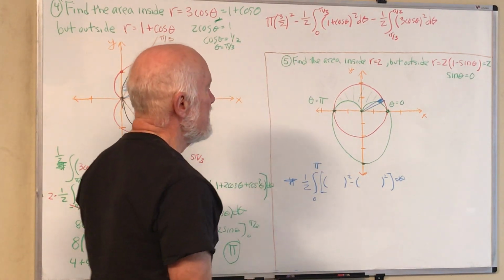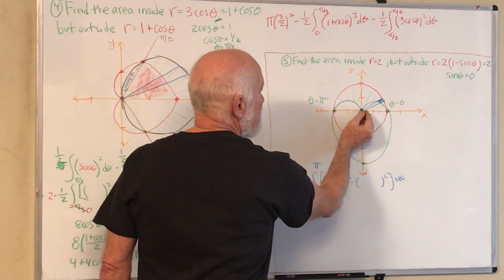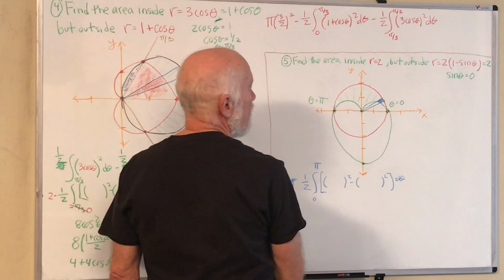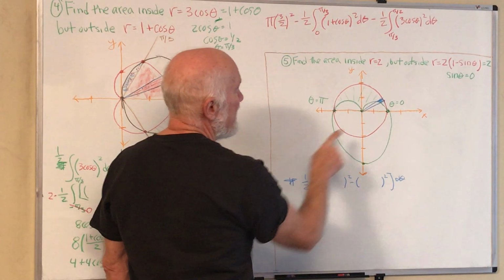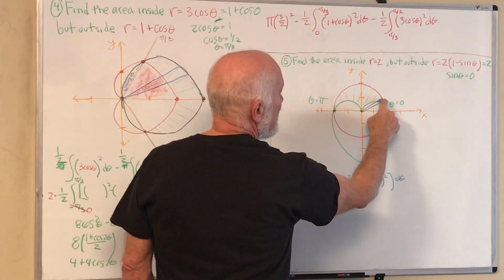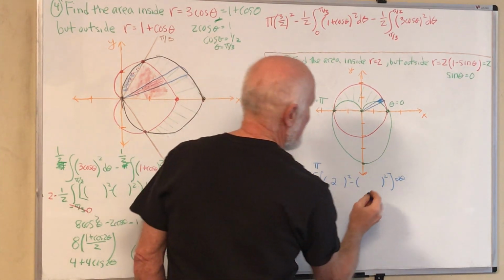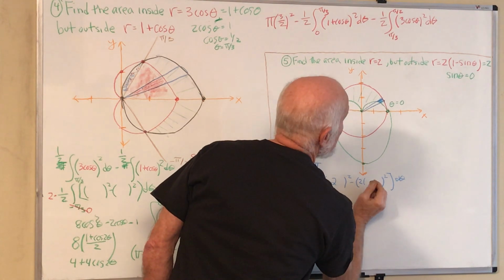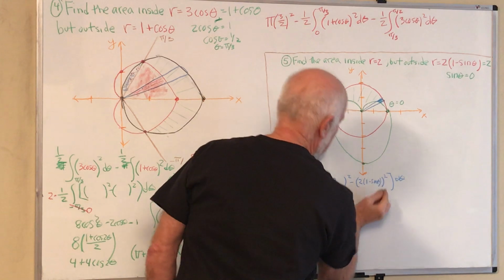If you trace out those angles, you're going to get a slice of pi. That last pi is going to be over here. So what's the big radius? The big radius is this circle. So that's going to be 2, and the little radius is 2 times 1 minus the sine of theta.